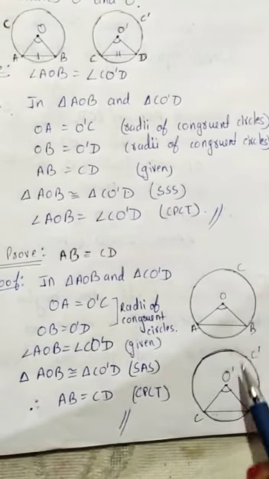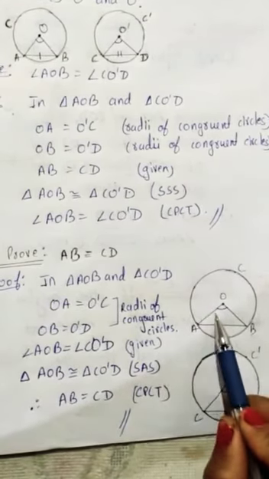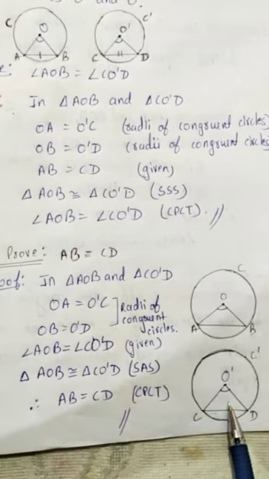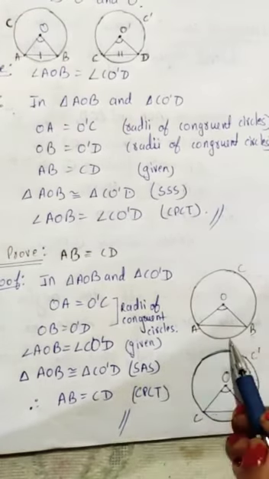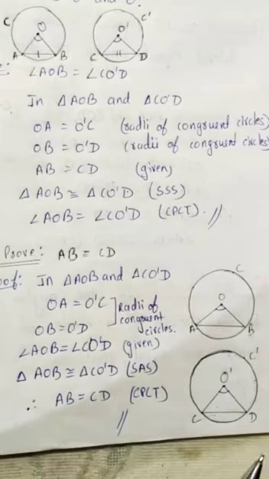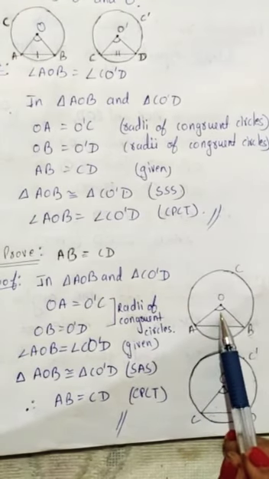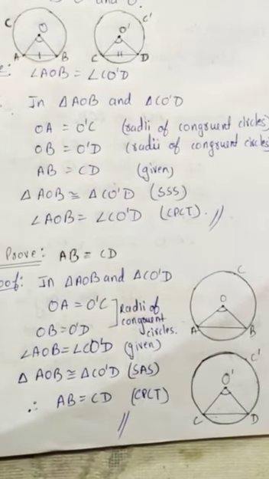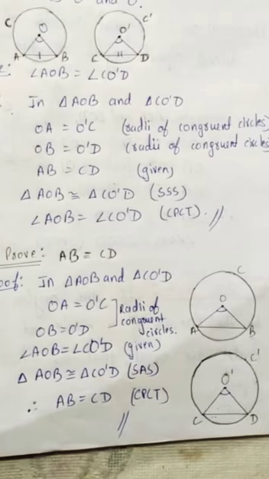So these two triangles are congruent by side angle side, because this side and the angle between them and the other side are equal to the same in the corresponding circle. So this way you can write that AB is equal to CD by corresponding parts of congruent triangles. So this way we have proved that if the angles subtended by two chords in congruent circles are equal, then chords are also equal. So I hope all of you have understood.